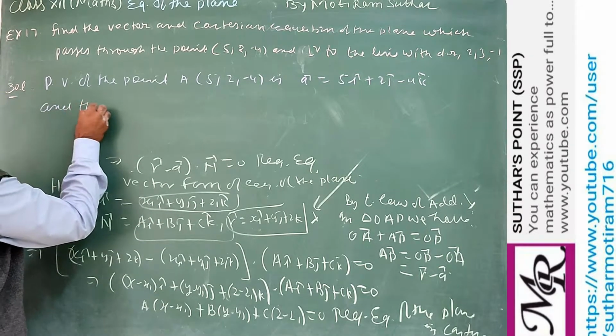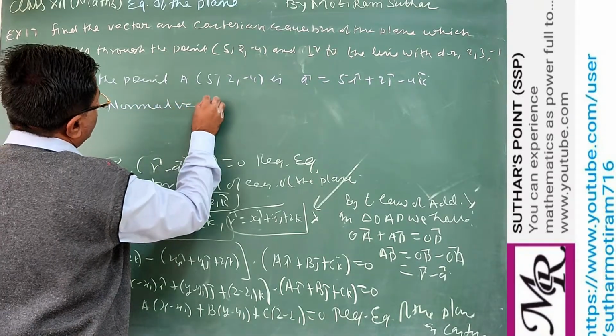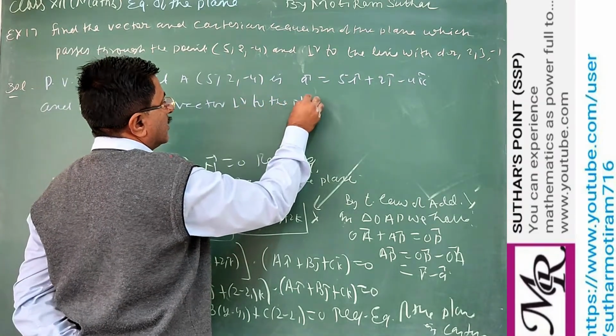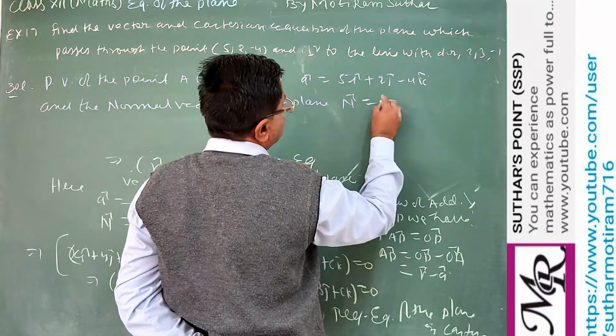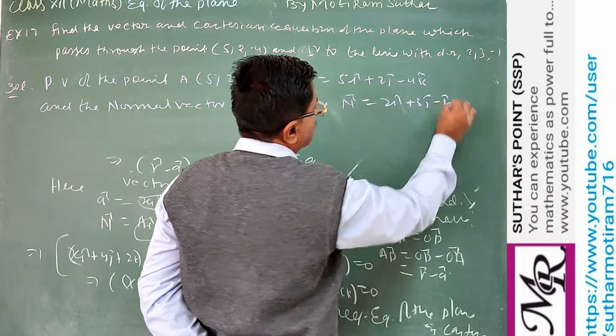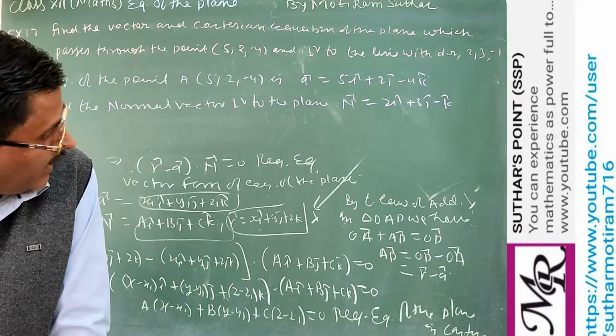And the normal vector, the normal vector perpendicular to the plane, that is vector n, equal to, direction ratio is given, so 2i plus 3j minus k. So what we get? We get both the vector n and a.